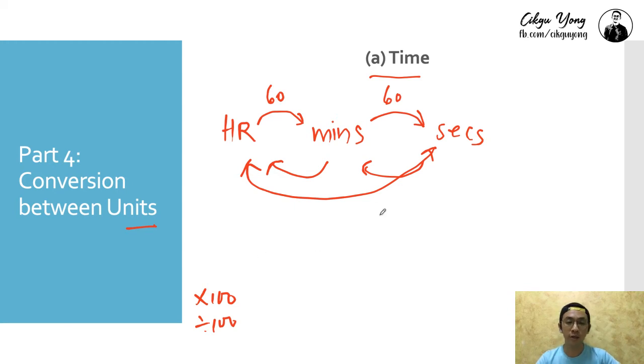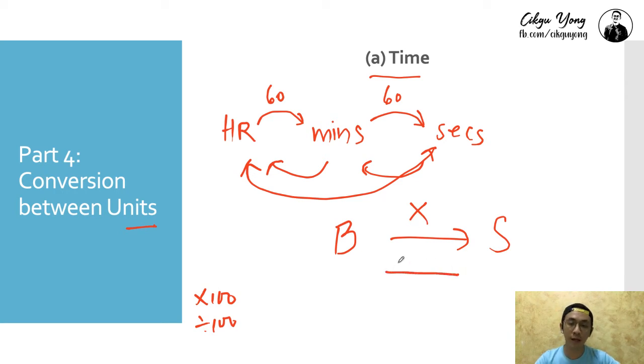And for conversion from a bigger unit to a smaller unit, let's use hour and minutes as the example. When we compare these, hour is a bigger scale of unit compared to minutes. So from bigger to smaller, we have to use multiplication, or times, to change it.